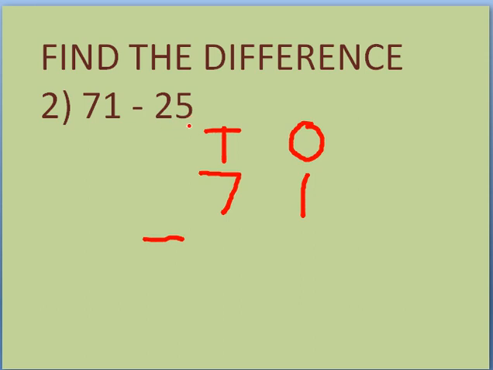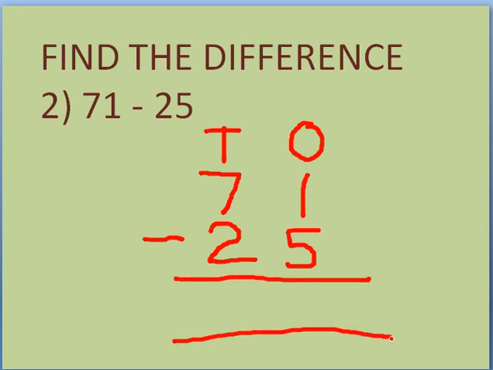In 25, 5 is at ones place and 2 at tens place. So 5 I have written here at ones place and 2 at tens place. Now we will start our subtraction. We have written the places, we have written numbers below the places, we have marked the subtraction symbol, and now we will start our subtraction.